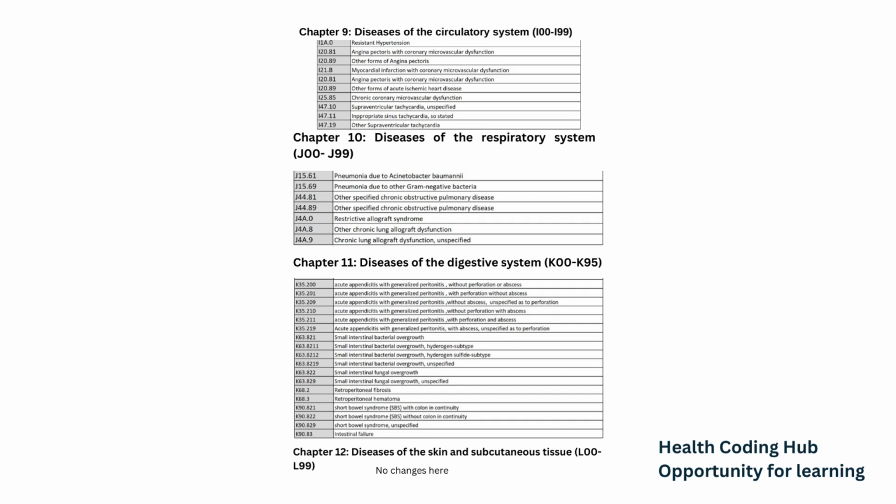Chapter 11. This year we have expanded our collection of codes that pertain to the digestive system. Acute appendicitis with generalized peritonitis is now available, as are codes for abscess with or without it.